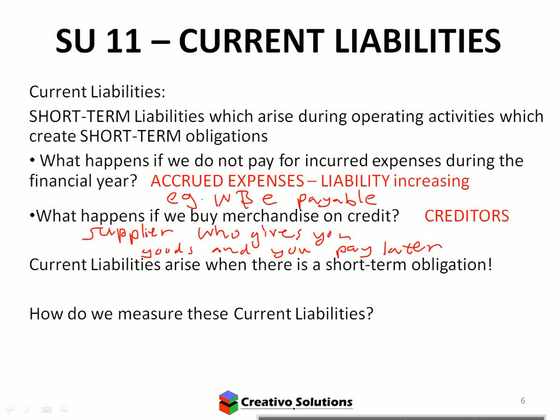So how do we measure these liabilities? Any idea? Now remember, recognition is one thing, measurement is the other. How would I measure this liability? Think about it. Give me a liability.